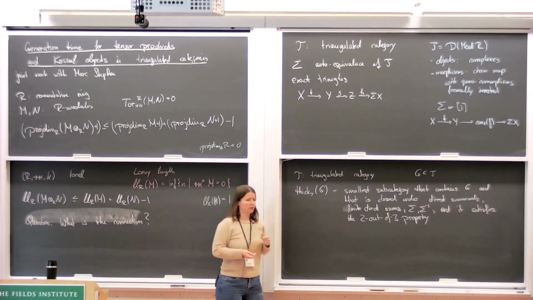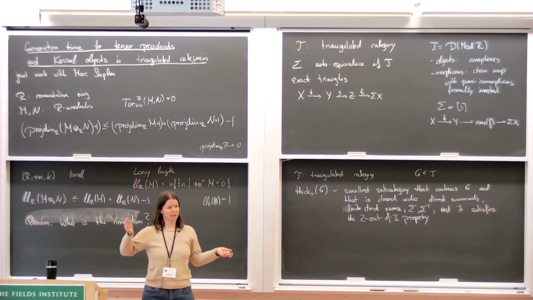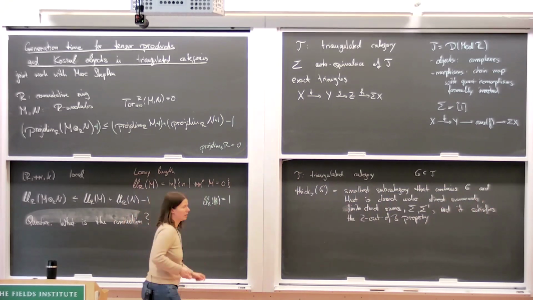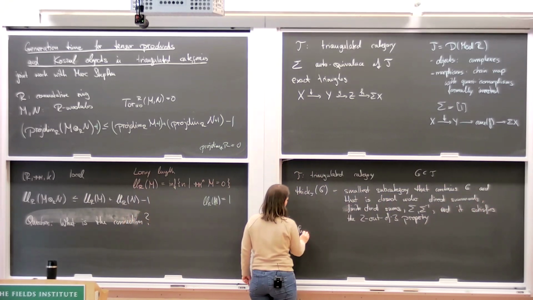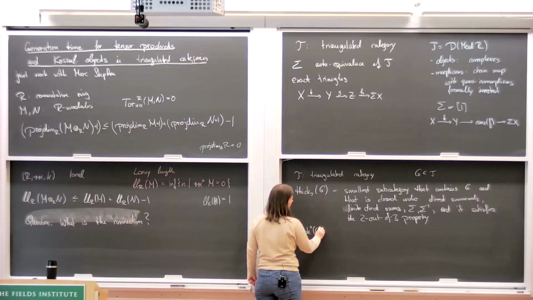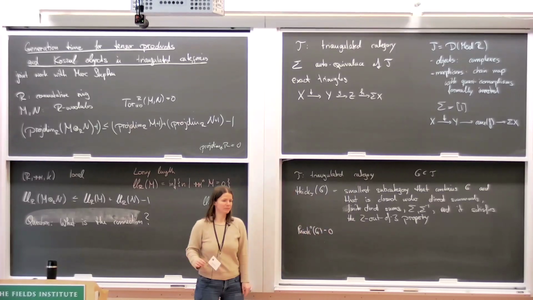Okay, and now what we want to do, we kind of want to filter this category to give us steps. So what we do, we say thick 0 is just 0.